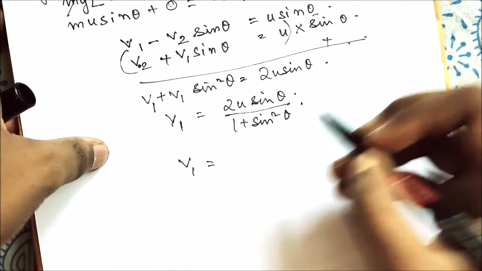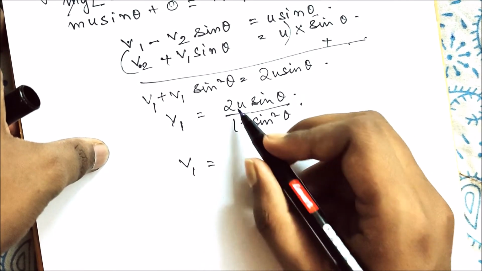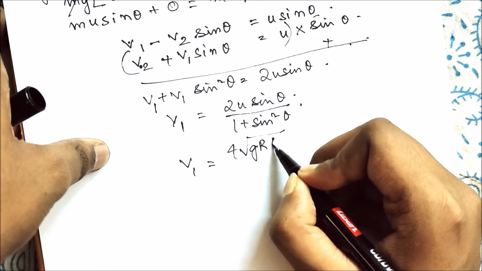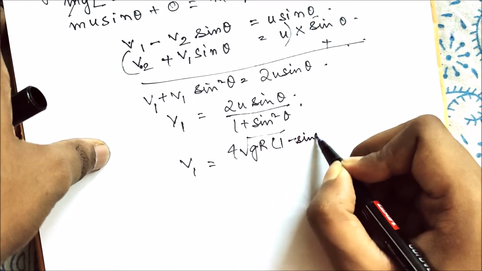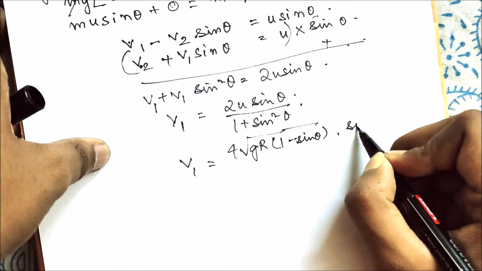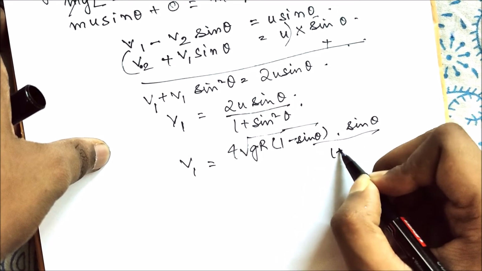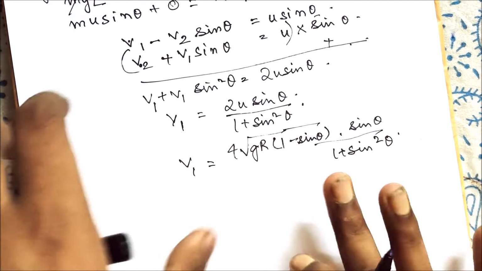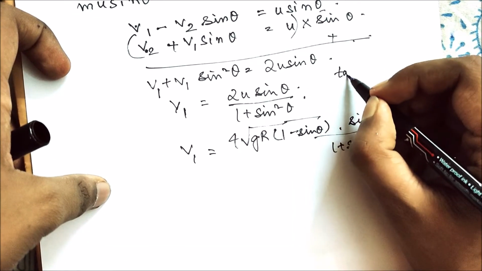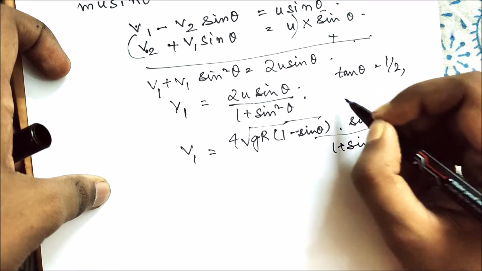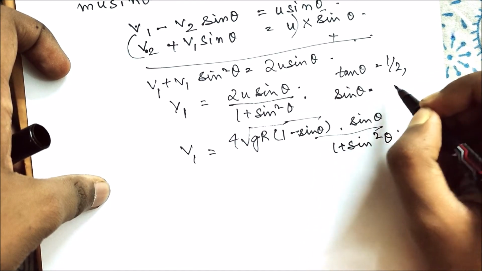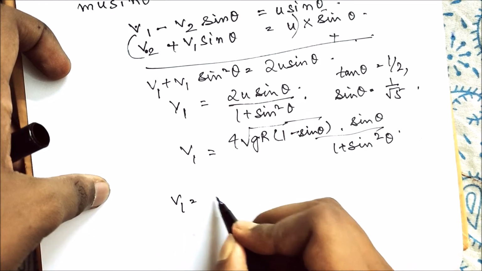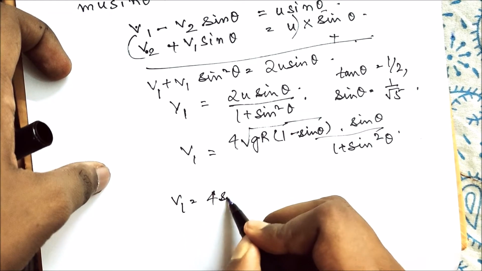So just put it here: 2 into 2, 4 root gr (1 minus sine theta) into sine theta by 1 plus sine square theta. We know tan theta equals half, so sine theta would be 1 by root 5. So you substitute the values and you get the result.